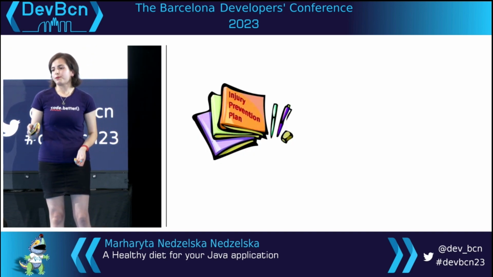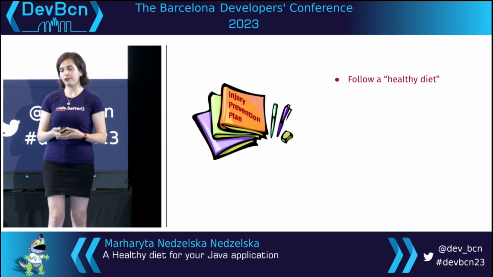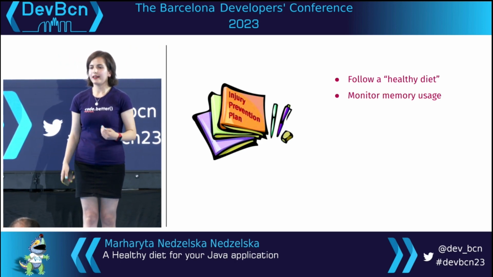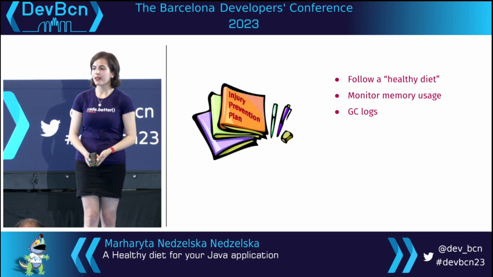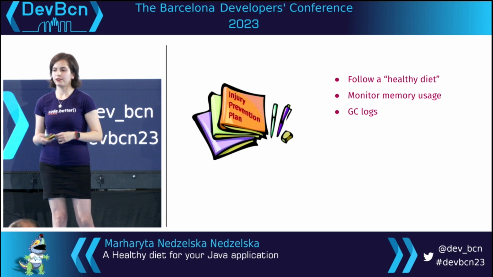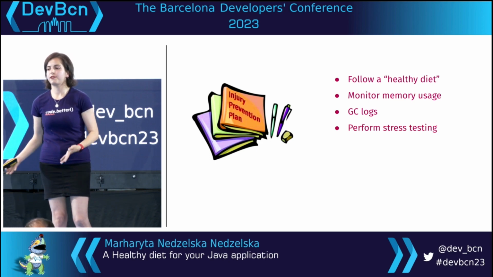So in order to prevent this in the general case, we need firstly to follow a healthy diet that I'll show you a little bit later. Then you need to monitor usage of your memory, look at GC logs and understand what the garbage collector is doing from time to time, and perform some stress testing.